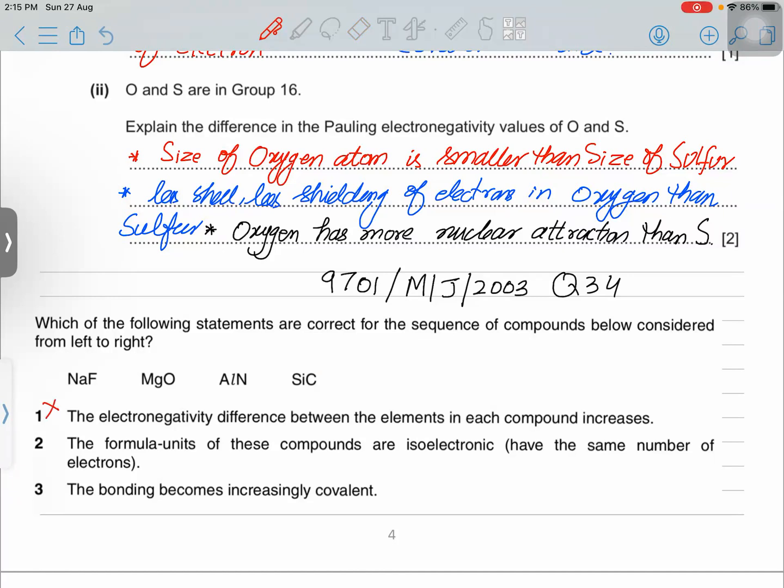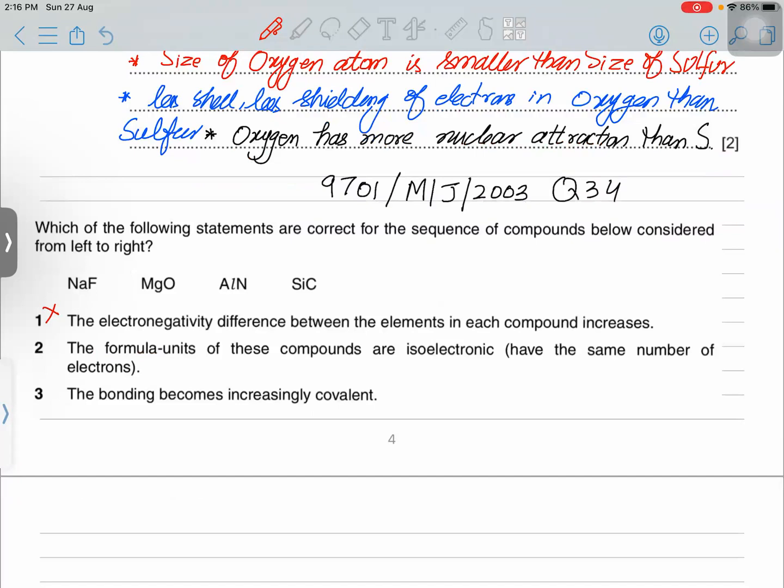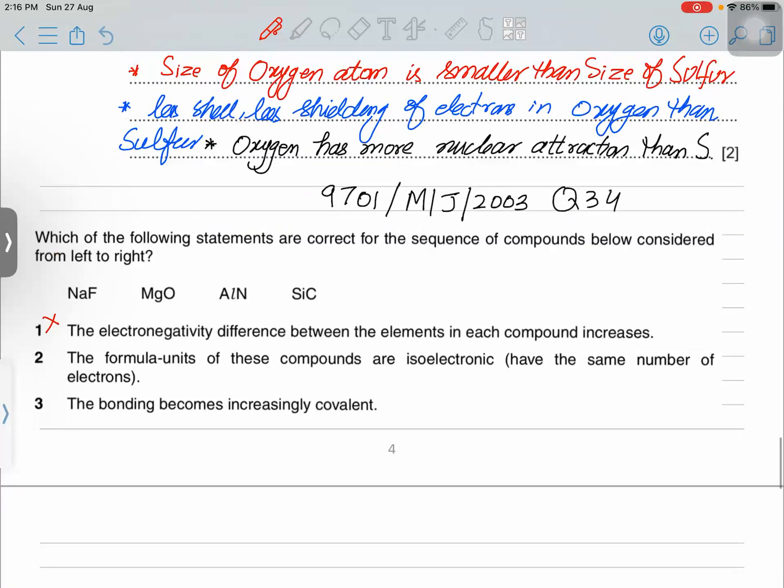It's false because sodium fluoride has the greatest difference in electronegativity. It's not increases. You know that fluorine has the highest electronegativity. So one is wrong.